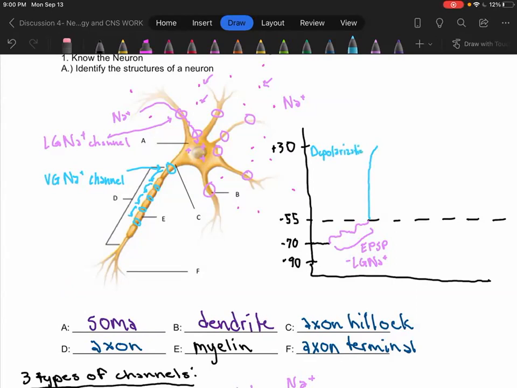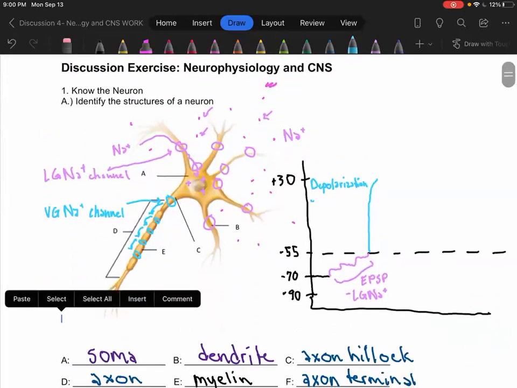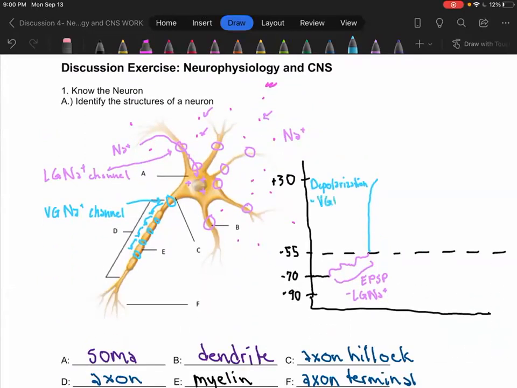What depolarization is, in words, is those voltage-gated sodium channels opening and sodium moving into the cell. So our cell becomes more positive. So depolarization occurs really quickly.